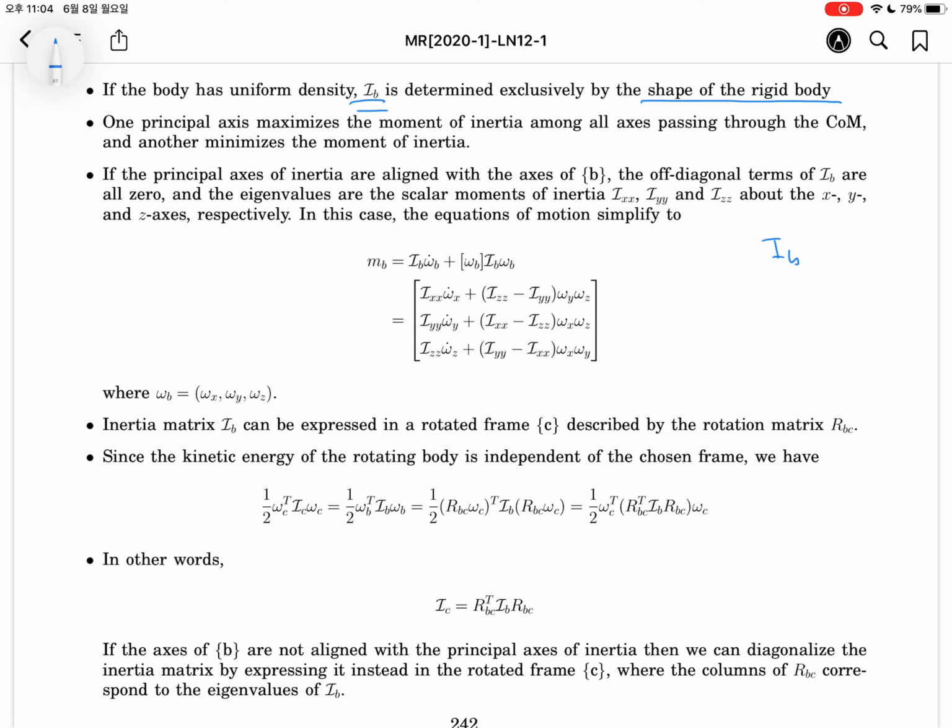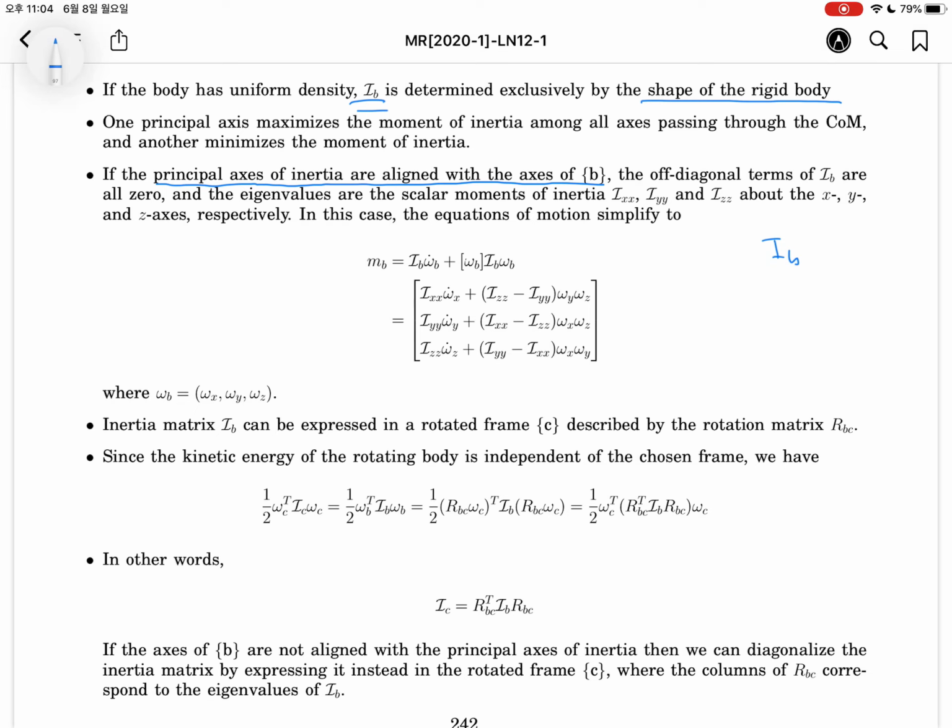So if you know the eigenvector, the major axis can be chosen along the eigenvector. Maybe you can know the minor axis like this. The principal axis of the inertia is aligned with the axis of the body frame. Both frames are aligned with each other.